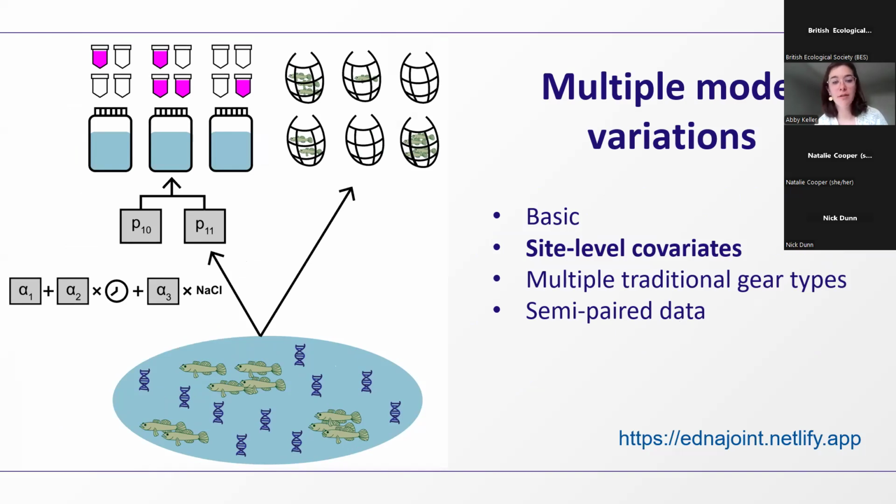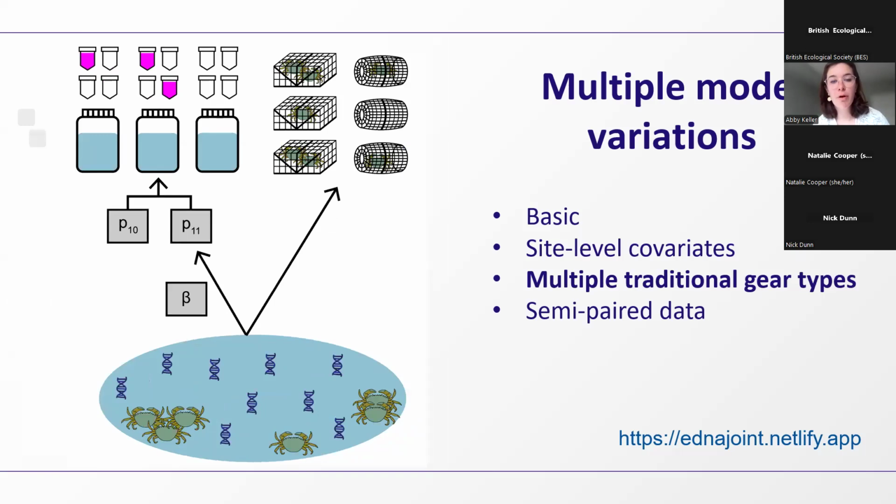One of these allows for site-level covariates that scale the sensitivity of eDNA relative to traditional sampling. So maybe you've collected data on flow rates, temperature, or turbidity at your sites, and you want to see if these variables increase or decrease rates of eDNA detection.